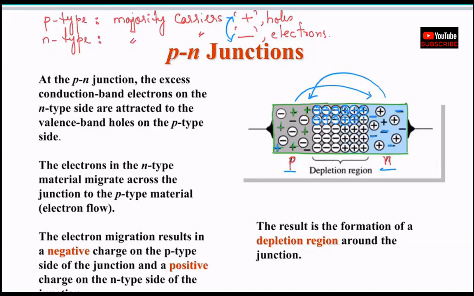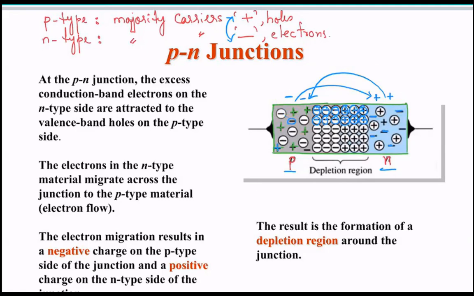Now I may ask you a question. So we understand this negative is attracted toward this positive, and this positive here is attracted toward this negative. Then why is this electron not moving over here? Why is that?